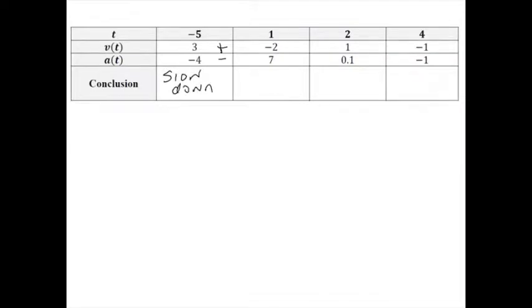The 2 is negative, 7 is positive, slowing down. These are both positive, so they're the same sign, so it's speeding up. And these are both negative, same sign, so that is also speeding up. That's important to understand.